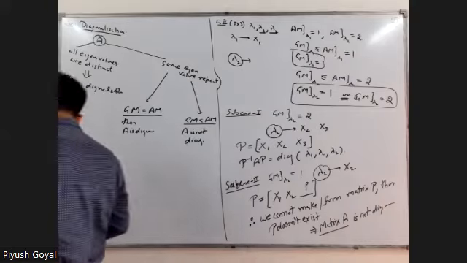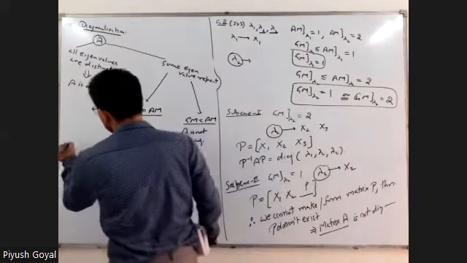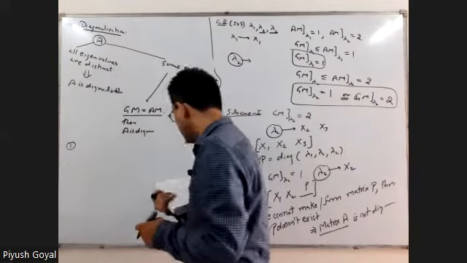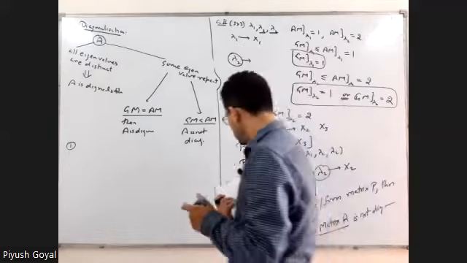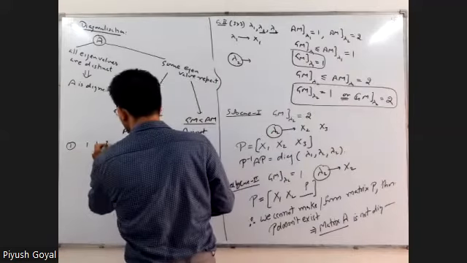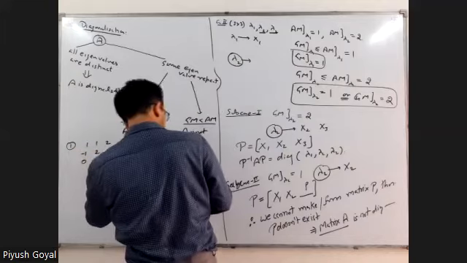So I am writing three examples for you. I will not do these, I will just give the hints and you will do the rest. First is the matrix 1 1 2, minus 1 2 1, and 0 1 3.